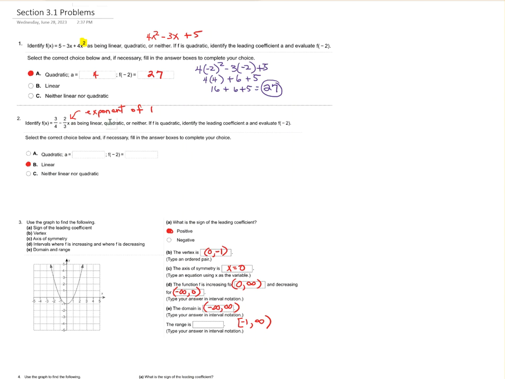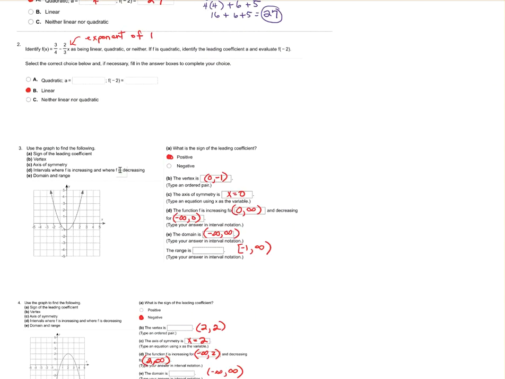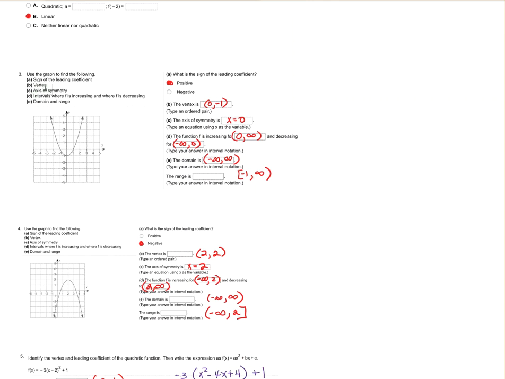Identify this one. Well, we have an x here with an understood exponent of 1, so that is linear. Use the graph to find the sign of the leading coefficient, the vertex, the axis of symmetry, the intervals where it's increasing or decreasing, and the domain and range. Because it's going up, we know the sign on the a part is positive. The vertex is right here, at 0, negative 1.